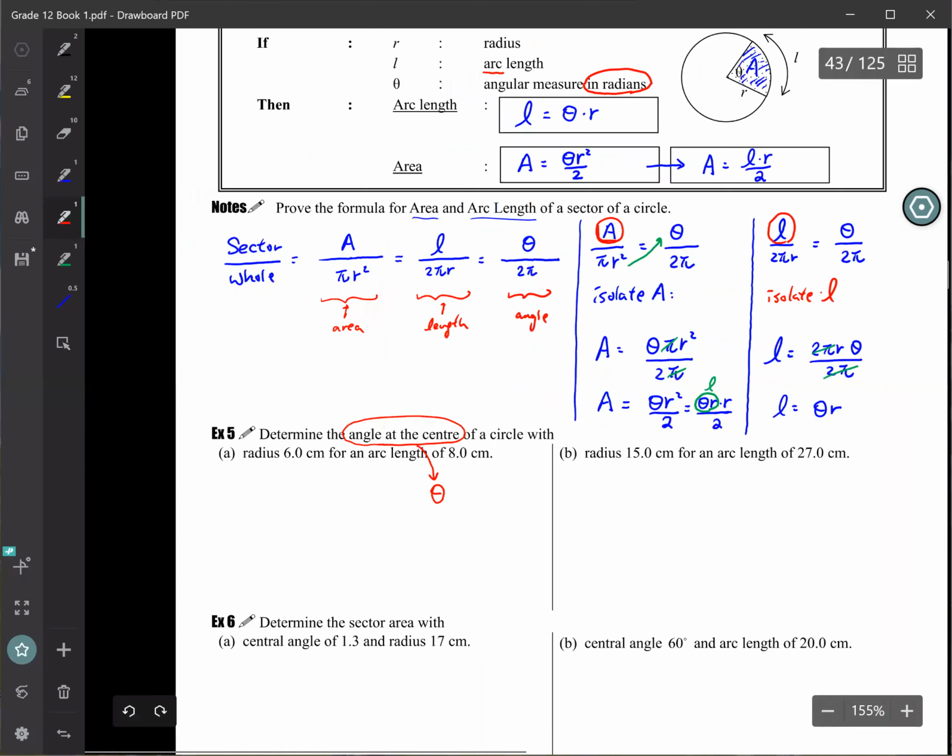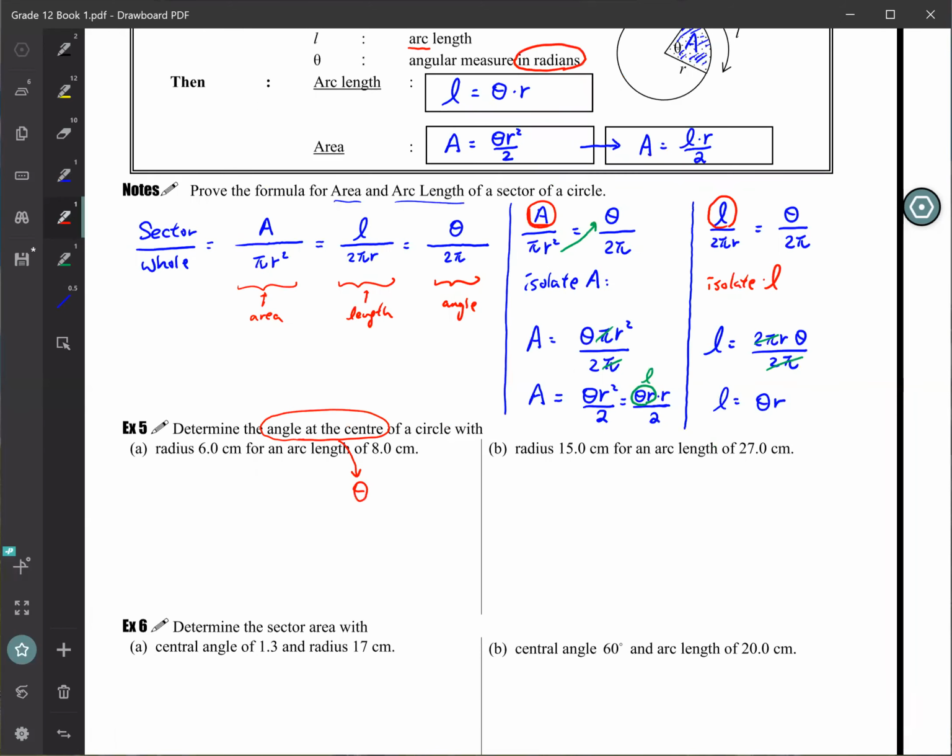So you pick your own formula, right? Think about which one should be applied here. Okay, once you get the answer, please raise your hand. You have 3 choices, okay? You want to find theta, so you look at which one has theta inside.